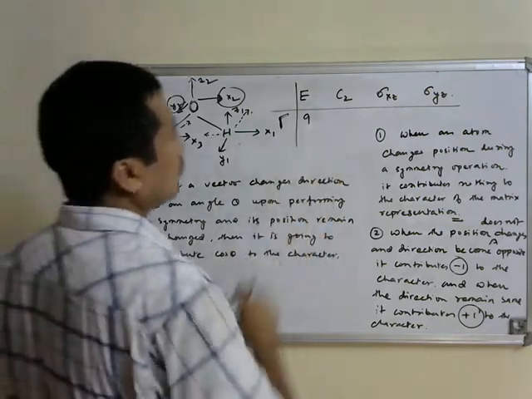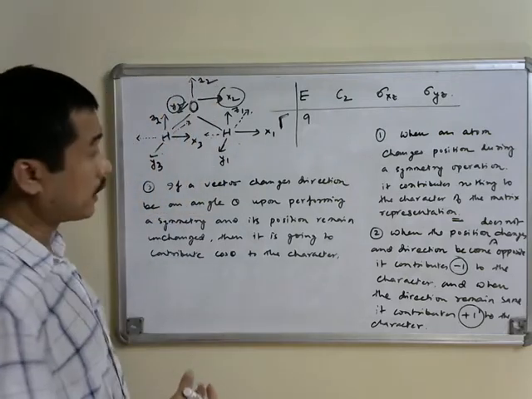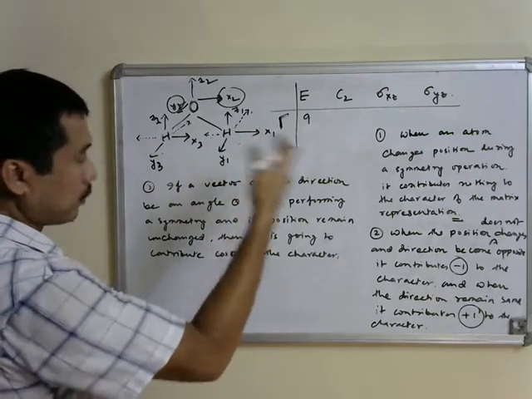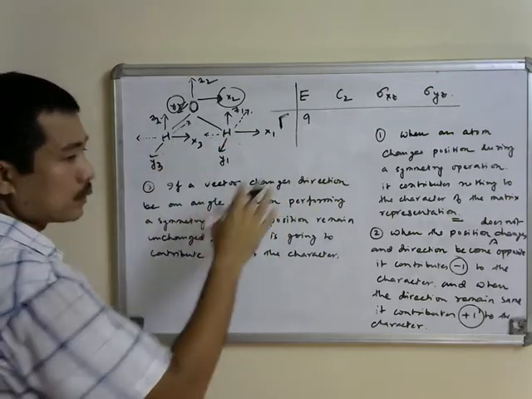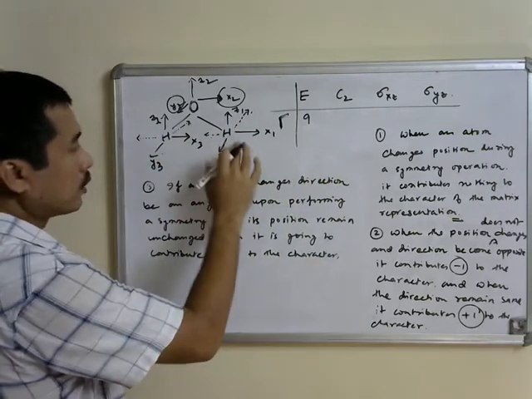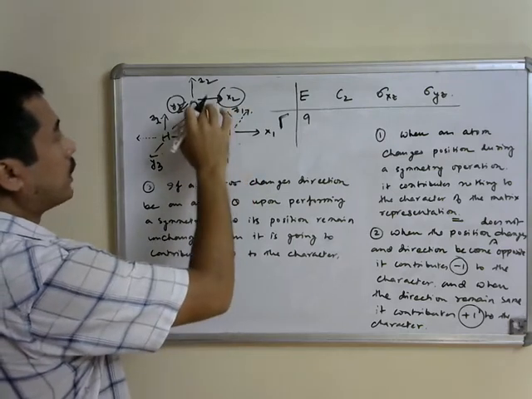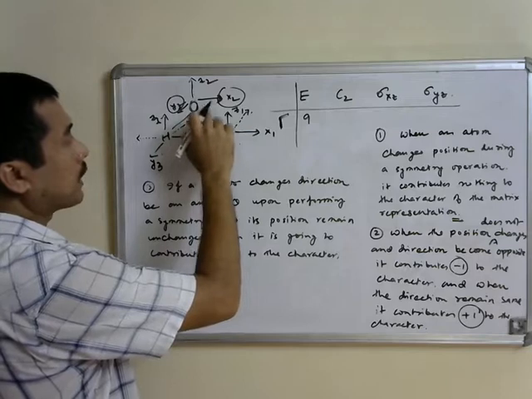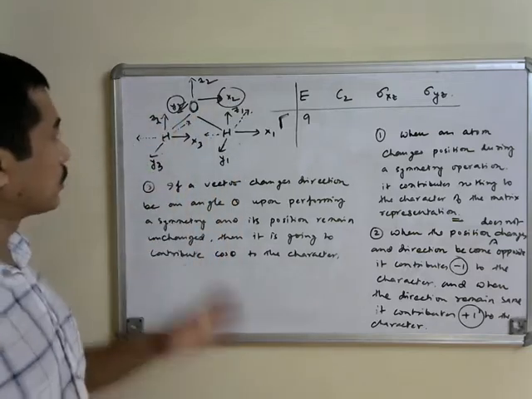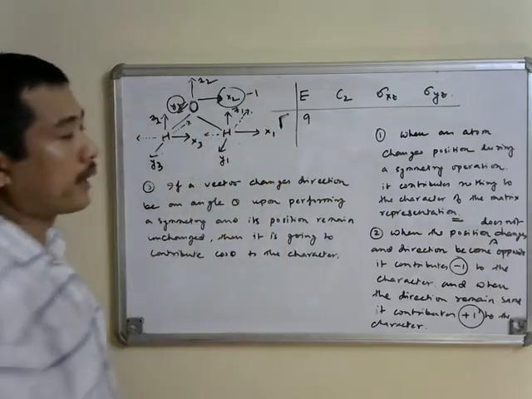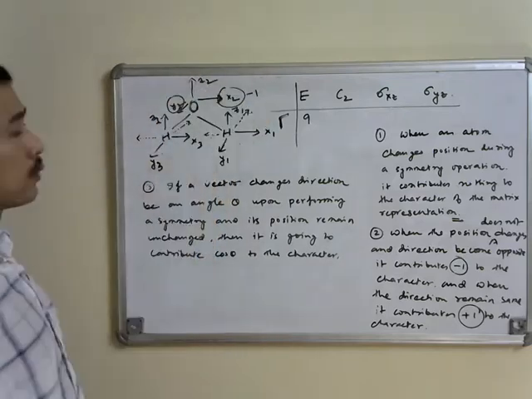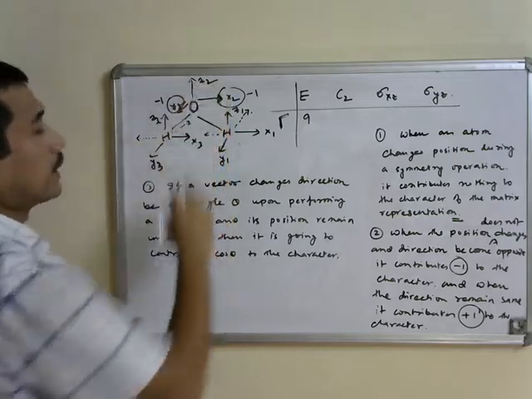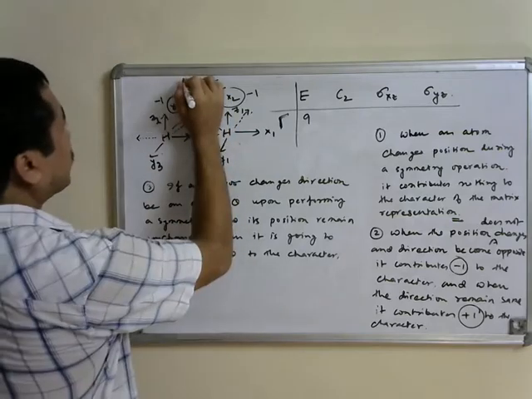For the C2 operation, the matrix representing the C2 operation, we may once again recollect that the two hydrogen atoms change position, so they are not going to contribute towards the character. Only the displacement vectors on the oxygen atom are going to contribute. X2 goes to minus X2, so X2 contributes -1, Y2 goes to minus Y2, so Y2 also contributes -1, and Z2 remains Z2, so Z2 contributes +1.